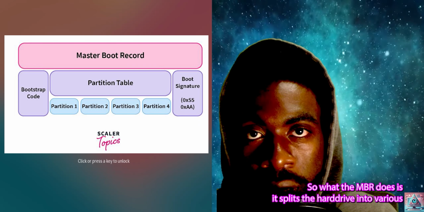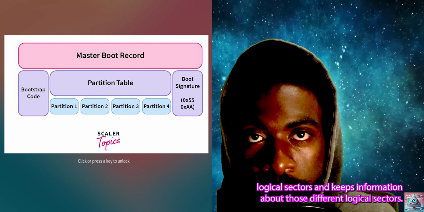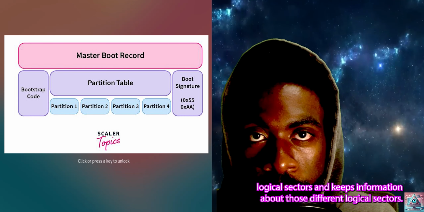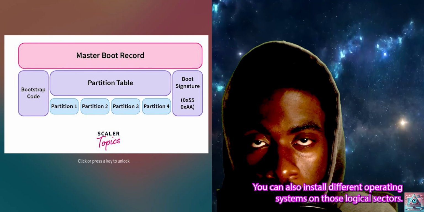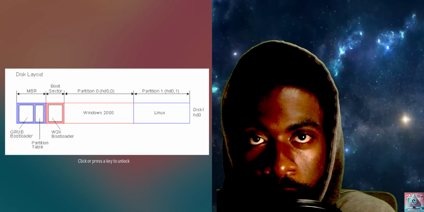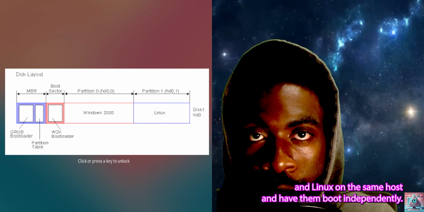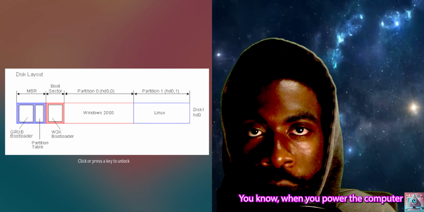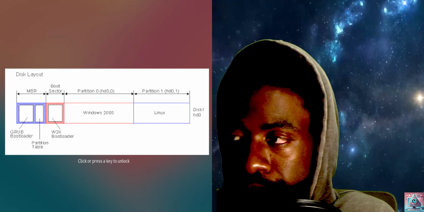What the MBR does is it splits the hard drive into various logical sectors and keeps information about those different logical sectors. You can also install different operating systems on those logical sectors. So for instance, you could have Windows and Linux on the same host and have them boot independently. When you power the computer on, you just choose which one of those systems you want to boot.